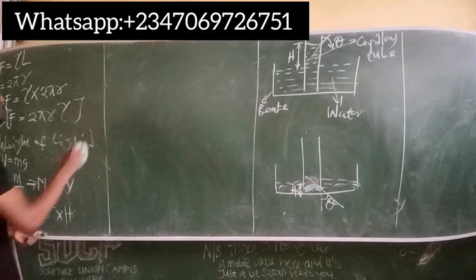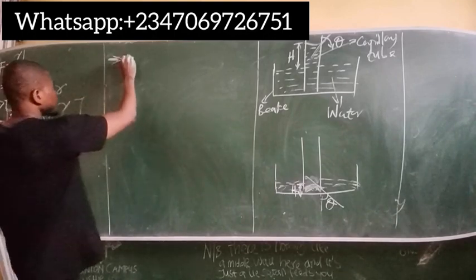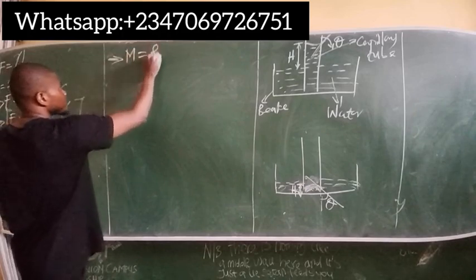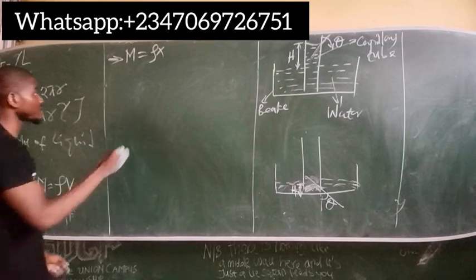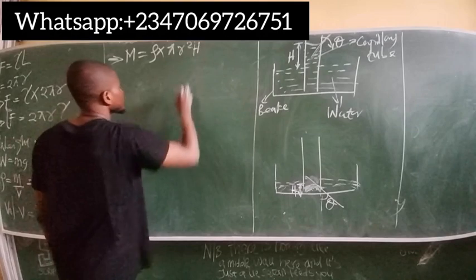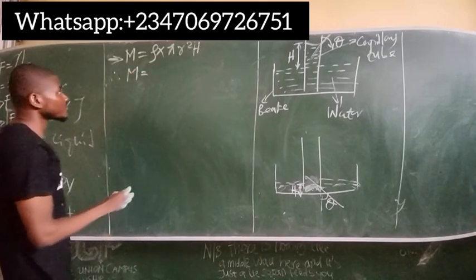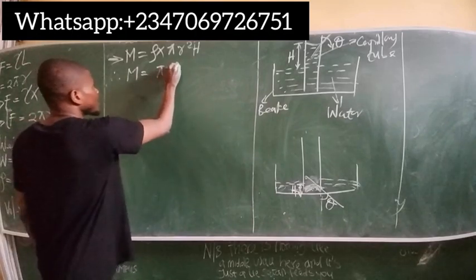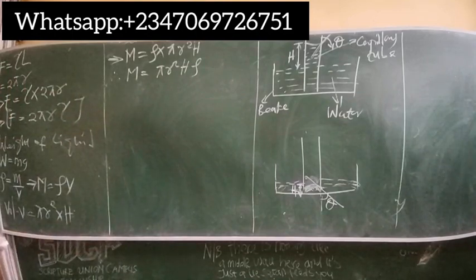This now implies that the mass of the fluid itself is simply density times the volume of the fluid, which gives us pi r squared times the height times density. So if we know this mass, we can find the weight of the liquid contained in the capillary tube.